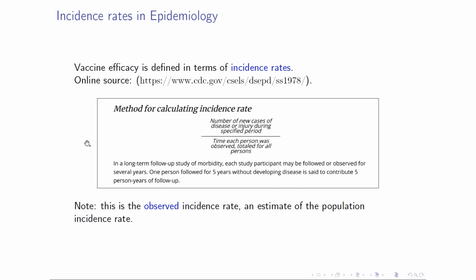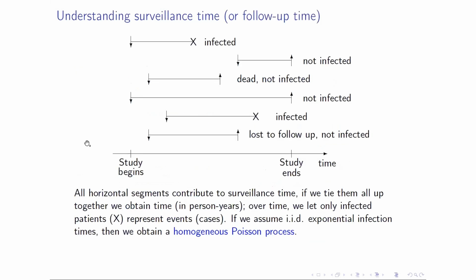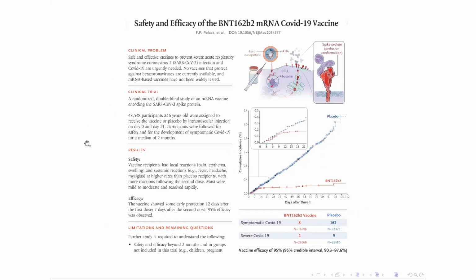You can see some cartoon here with some details of the virus. Actually, the results are very obvious. You can see here in this plot the cumulative number of infections under the vaccine, the red curve, and the cumulative number of infections under placebo.